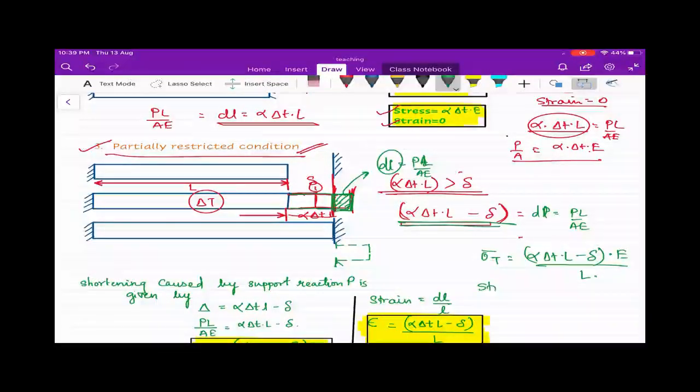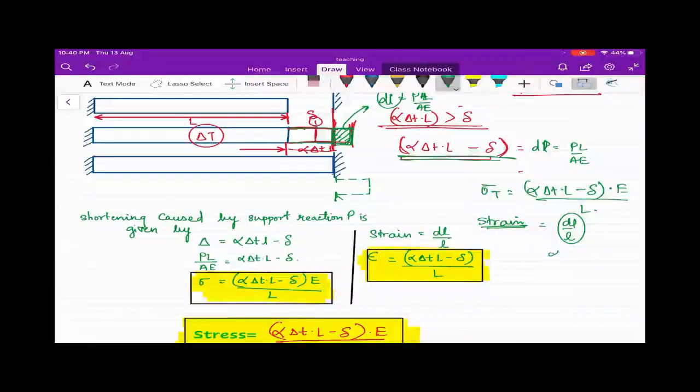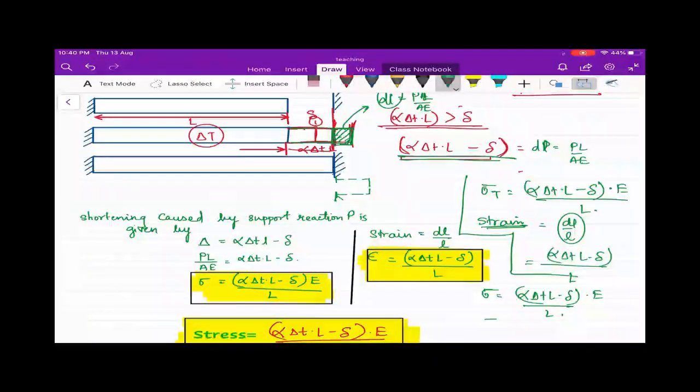Now what about strain? Strain will be nothing but change in length upon original length. How much change in length is restricted? That is nothing but alpha delta T L minus delta. And the original length is L. So strain will be equal to alpha delta T L minus delta upon L. In another way, stress is alpha delta T L minus delta into E by L. We know stress is nothing but strain into Young's modulus.